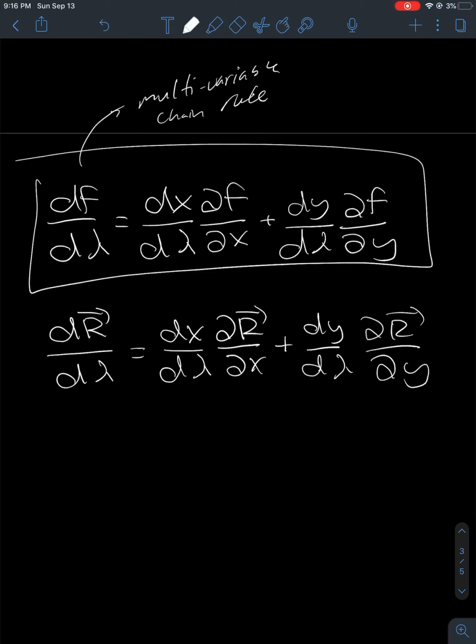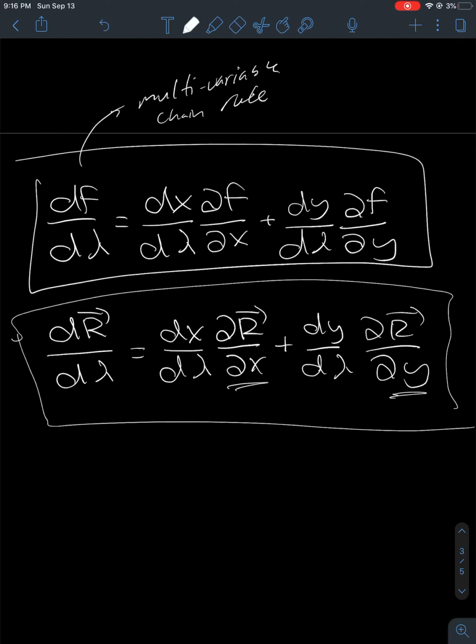So since we can write basis vectors as partial derivatives, that means we can write tangent vectors or tangent vector fields as just normal derivatives by using the multivariable chain rule. And this comes in handy when trying to measure tangent vectors along some arbitrary path in a field.